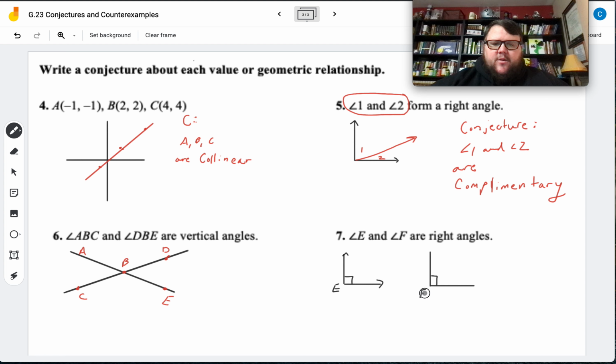And this is angle F, is a right angle. Because they don't give us a lot more information about that, what you need to look at is, what is a right angle? What is there to know about a right angle? And then, okay, once I know what a right angle is, well, I have two right angles. What can I say about them, that they're the same? How can I say that? And that would be your conjecture.